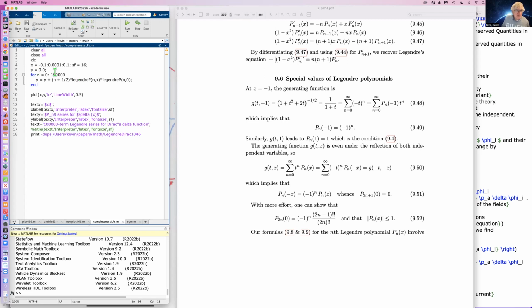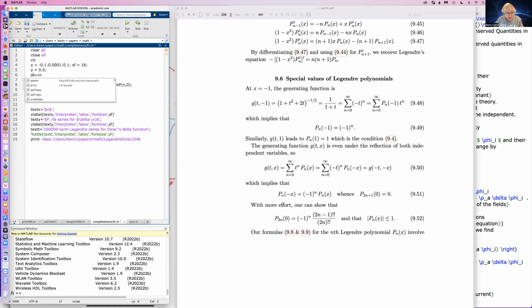The first is that one would only do this in steps of two, because the Legendre polynomials at odd values vanish. Secondly, I would have up here said Px equals Legendre of Px, of P of Nx.